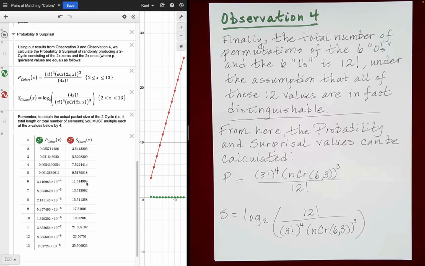11 bits. Okay, so the other example that we gave, or interpretation, you can interpret this in terms of answering correctly on a true-false test or quiz. So here, 11 bits of surprisal would be the level of surprise one would experience in randomly guessing on an 11-question true-false quiz, just totally guessing, true, false, false, true, and in the end, score 100% on the quiz.